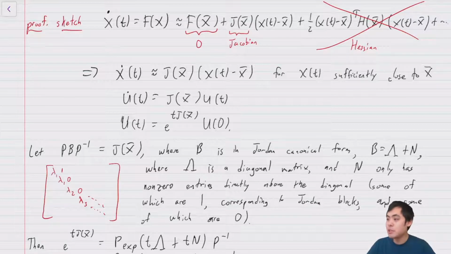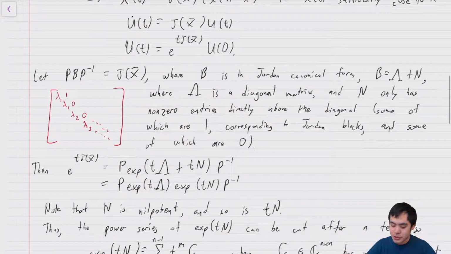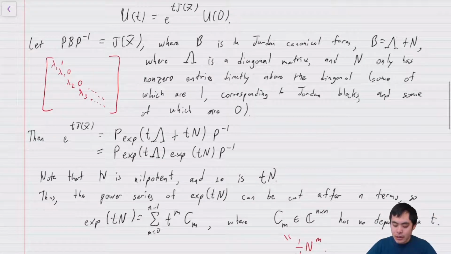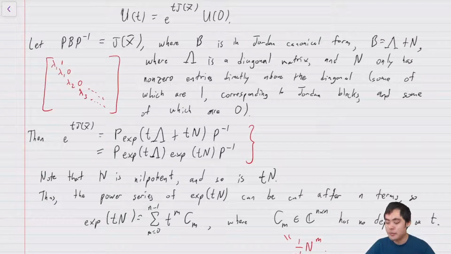And what you can do is decompose this into a matrix that's just all the diagonal terms, and all of the terms in the row above, some of which are ones and some of which are zeros. So that's lambda plus n. And then by using matrix properties, you can rewrite it as the product of a bunch of matrices. So the exponential of tJ is going to be equal to P times the exponential of t lambda times the exponential of tN times P inverse.